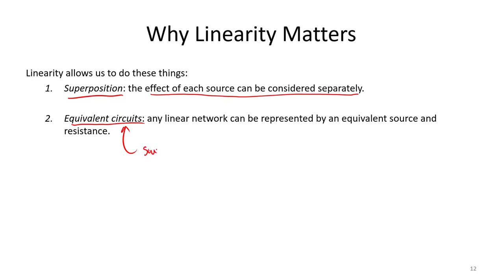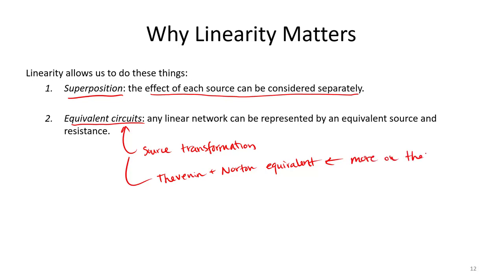These are things like source transformation, which we'll talk about today. And this also enables us to do things like Thevenin's and Norton's theorem. We'll learn about these later. Notice if we want to be able to use equivalent circuits and replace one circuit with an equivalent other circuit, we need to have linear behavior.